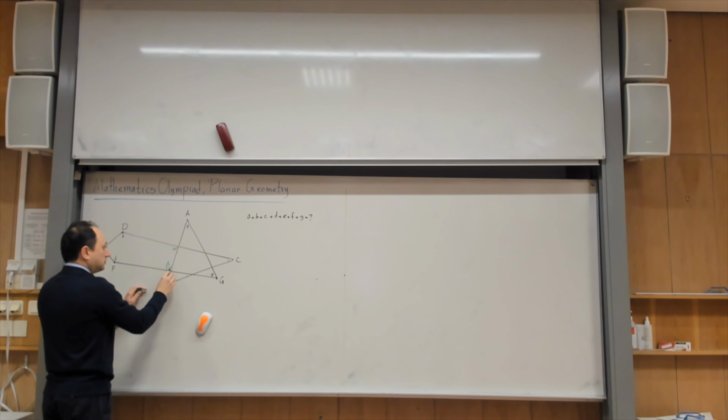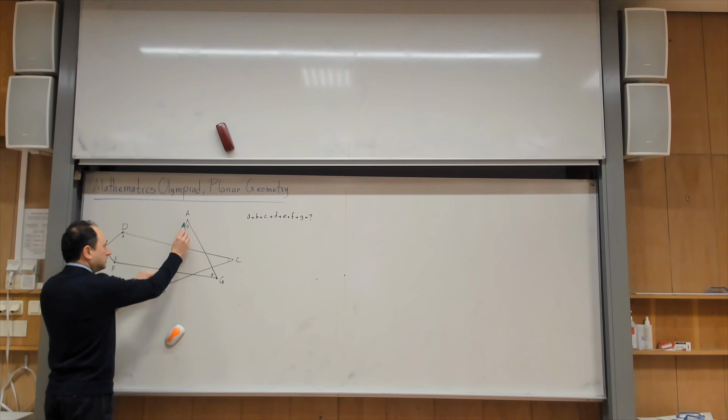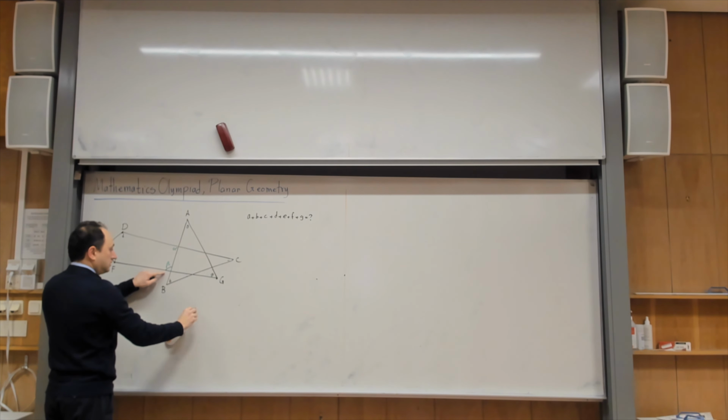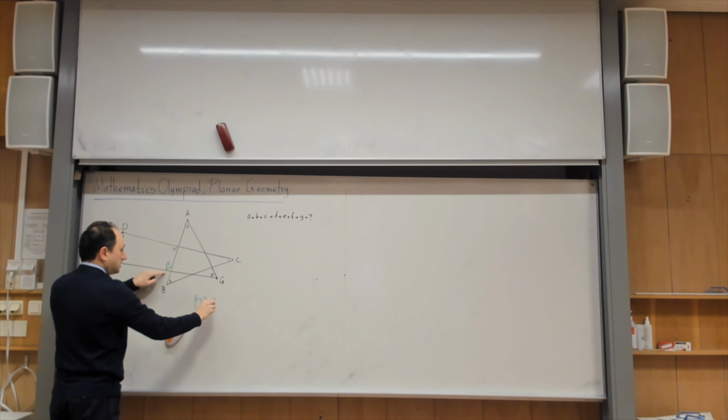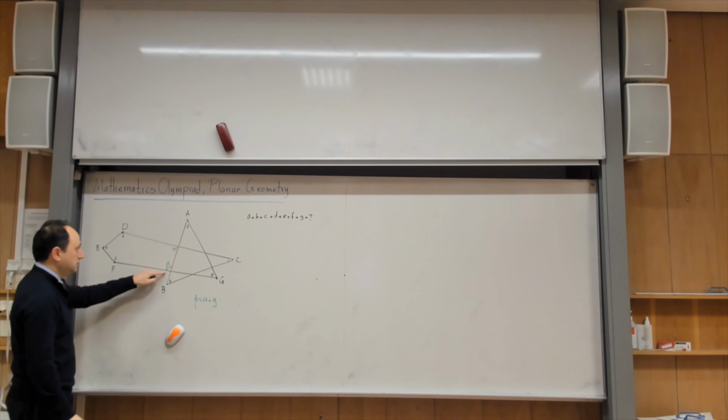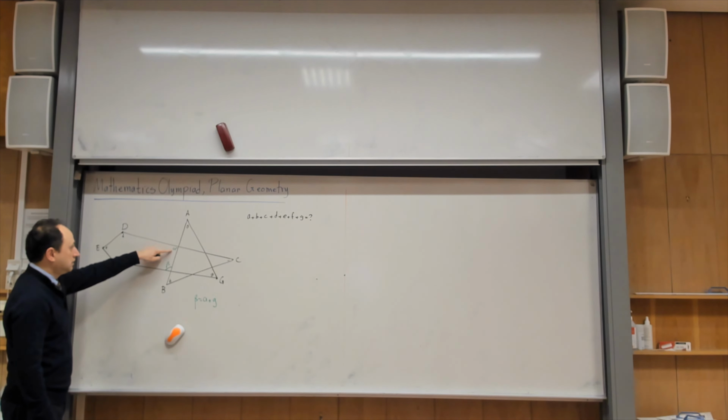So this angle is an exterior angle of this triangle, yes? Then beta is equal to the sum of these two opposite interior angles. So it is A plus G. That is correct. And then alpha is the sum of B and C, since it's the exterior angle.